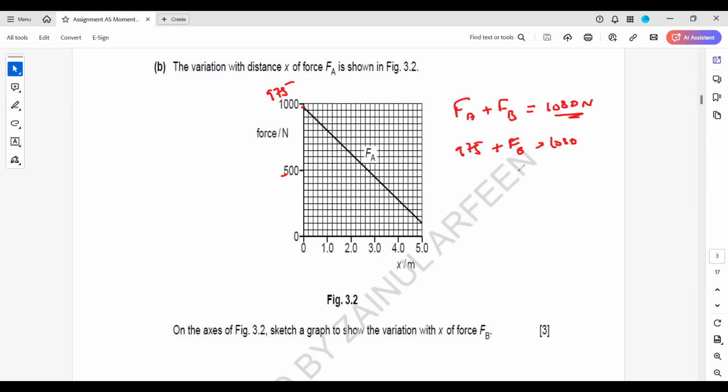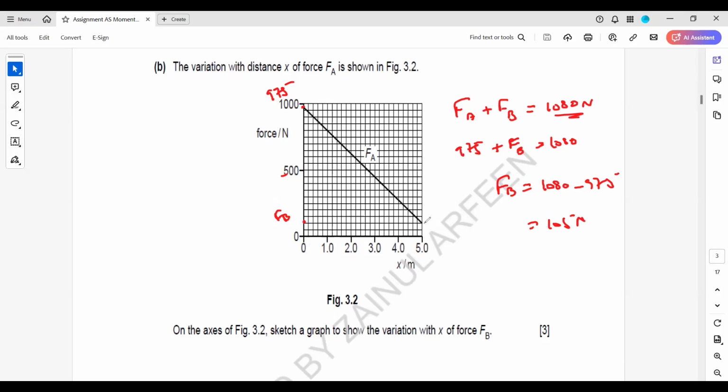So FB will be 1080 minus 975, which equals 105. So when X is 0, because FA is 975 here, FB will be 105. So this is 50 and this 100, so 105 somewhat here. That is the starting point for FB.